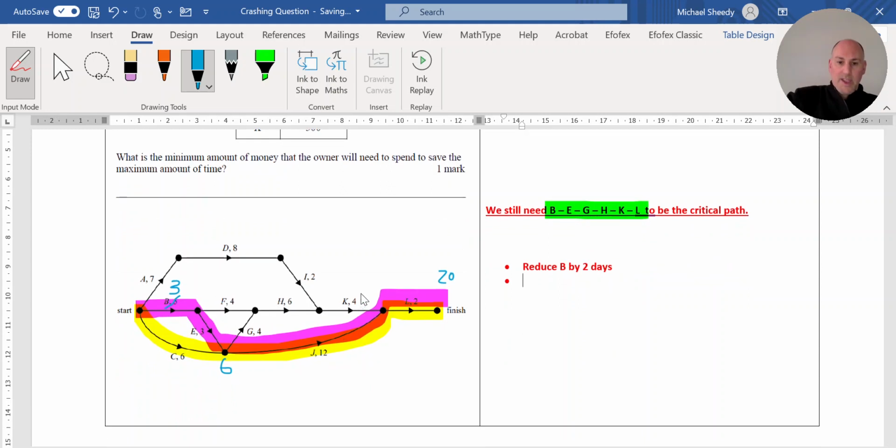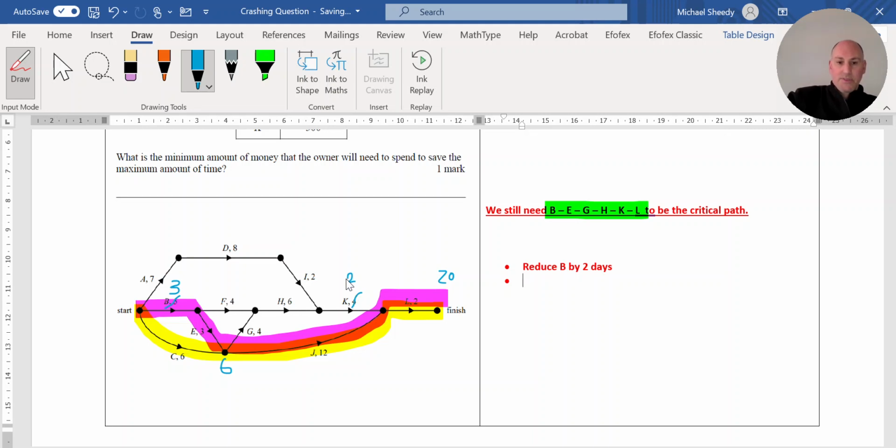So I'm going to cross out the 4 on the K, reduce it by its maximum, and see if that's going to get my original critical path down to 20. Let's have a look: 3 for B, 3 for E, so that's 6. Coming up through G, that's 10. Through H, that's 16.